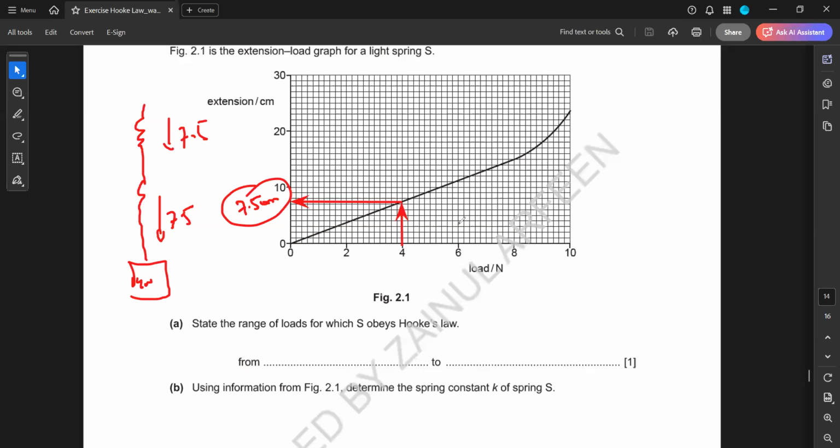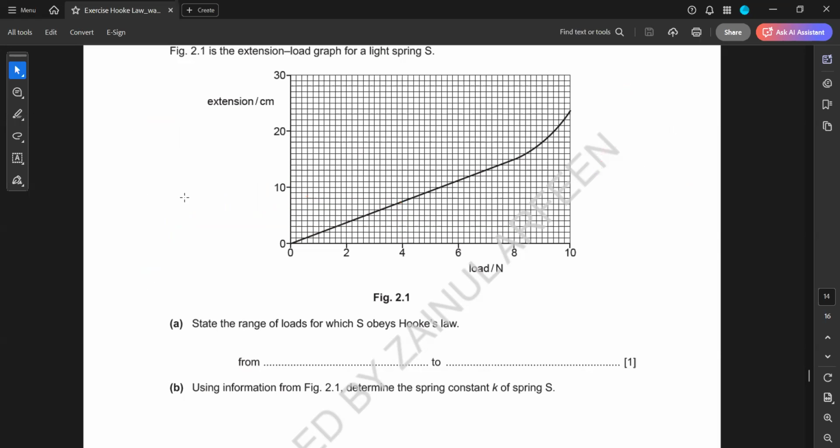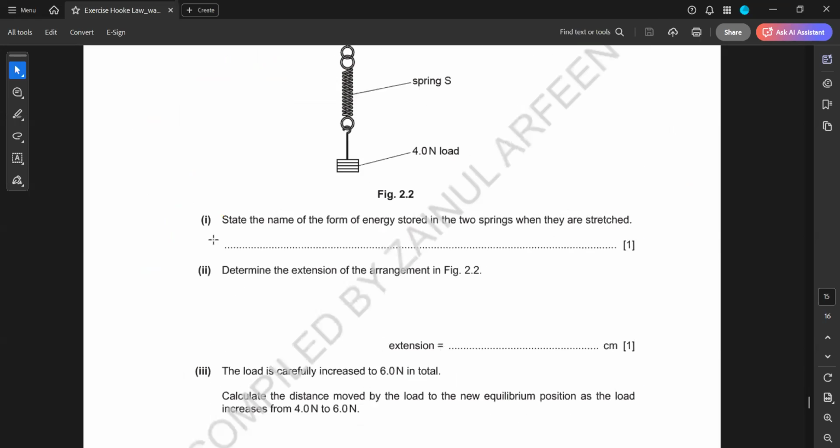The question is, what is the total extension of these springs? So each extended by 7.5, so 7.5 plus 7.5. The total extension, or the increase in the length, will be 15 centimeters. So 15 centimeters is the answer for the part C2.